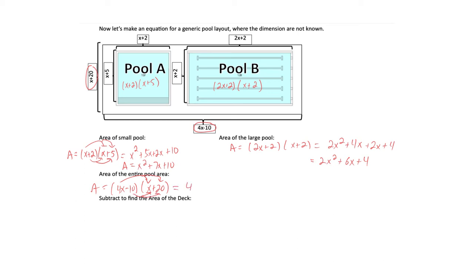So we get 4x squared, then 4x times 20 is 80x, and then negative 10x, and then minus 200. So the area is 4x squared plus 70x minus 200. All right, so these are your three areas, and then we have to subtract to find the area of the deck.